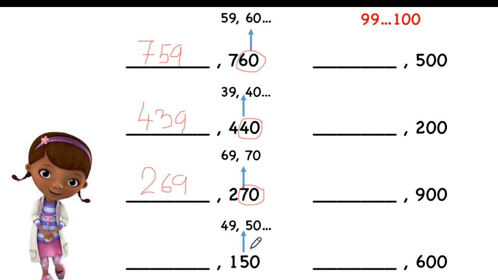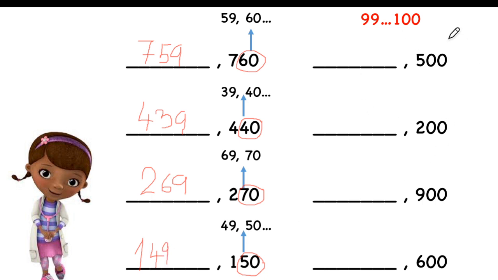And one more time, 150. Again, the number ends with 0. We cannot use the 0 because there is no number that comes before 0. We have to ask ourselves, which number comes before 50? 49. So the number before 150 is 149.